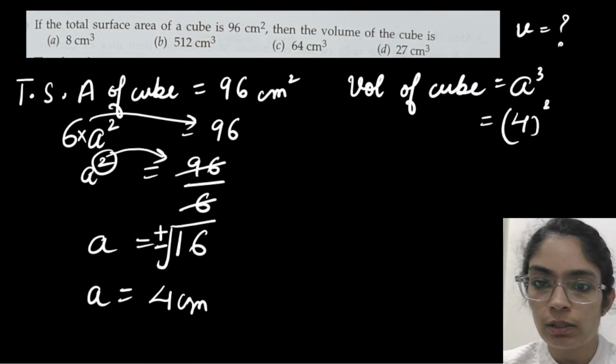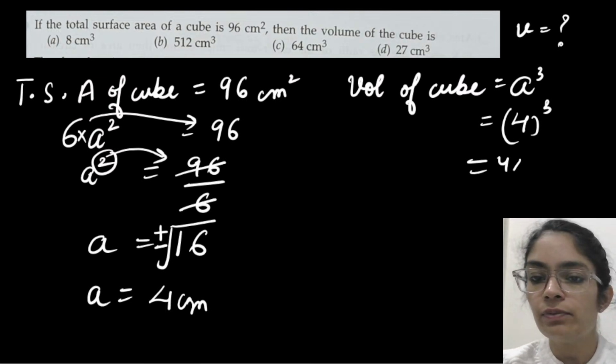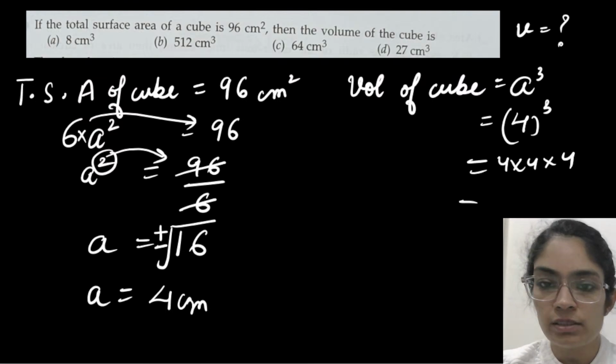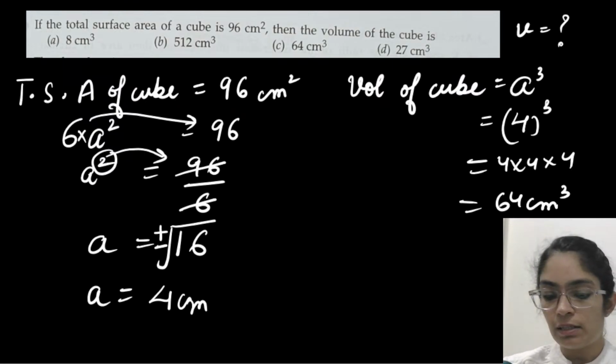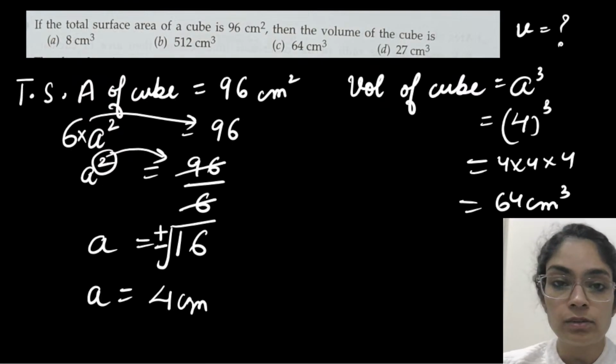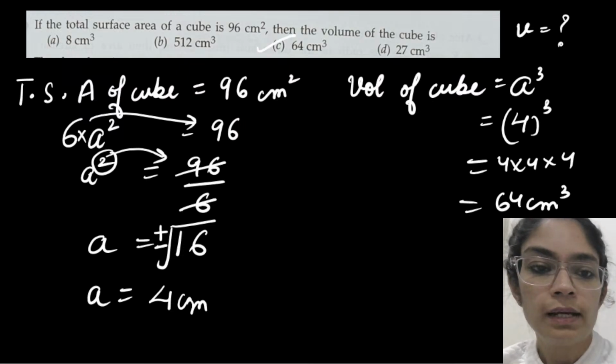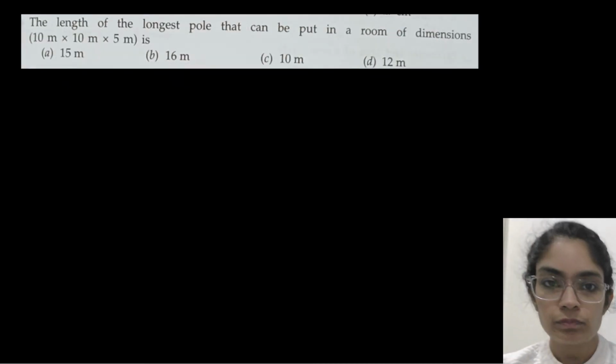So what is 4 cube? 4 cube is 4 into 4 into 4, which is equals to 64 centimeter cube. So Adarsh has also given the answer, option C. Sami has also given the answer, option C, 64 centimeter cube. Let's do next question now.